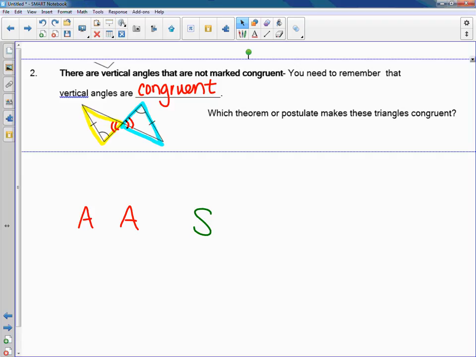Is the side in between the two angles? No. The side is not in between the two angles marked. So my way of proving this is by angle, angle, side.